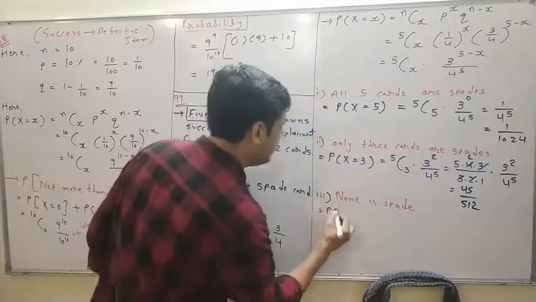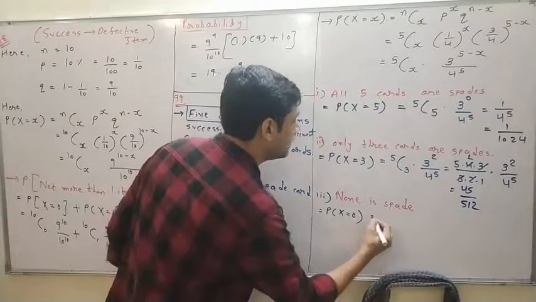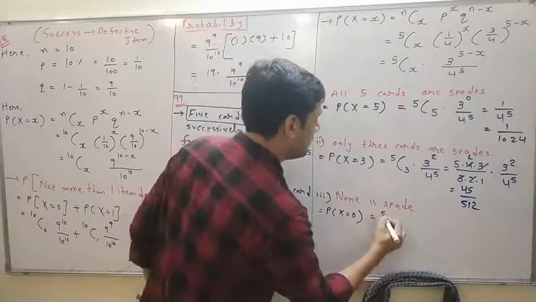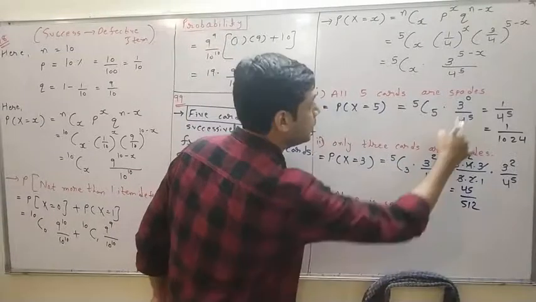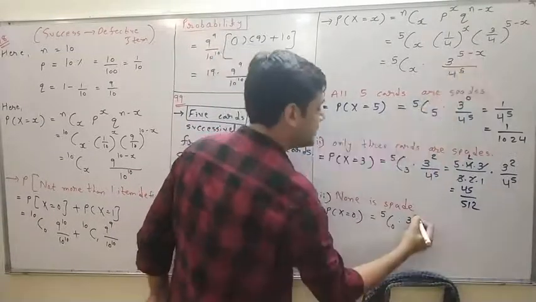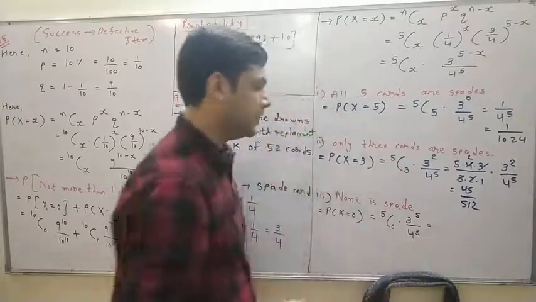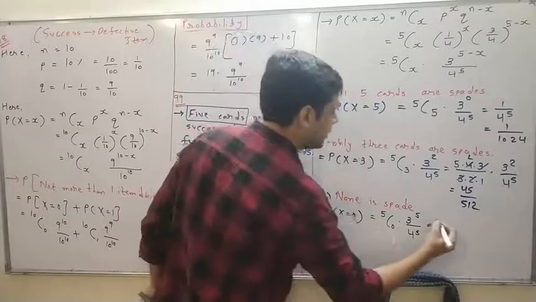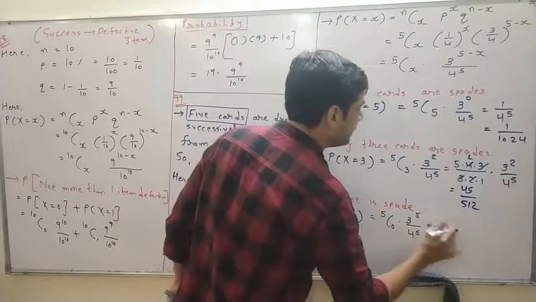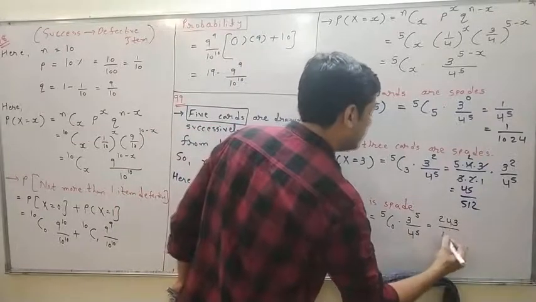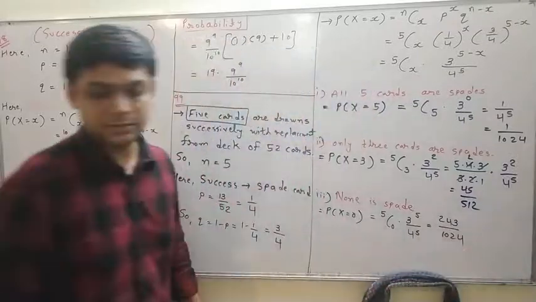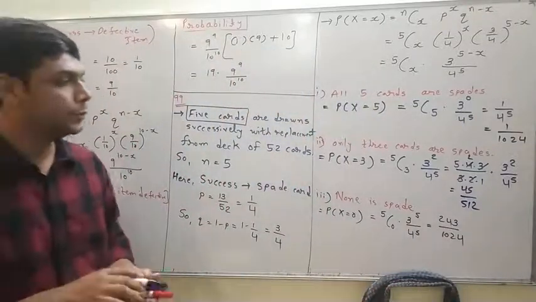Means we have to find P(X=0). So that is 5C0 into 3 raised to 5 minus 0, that is 5, upon 4 raised to 5. So 3 raised to 5 is 243 upon 1024. So answer is 243 upon 1024.